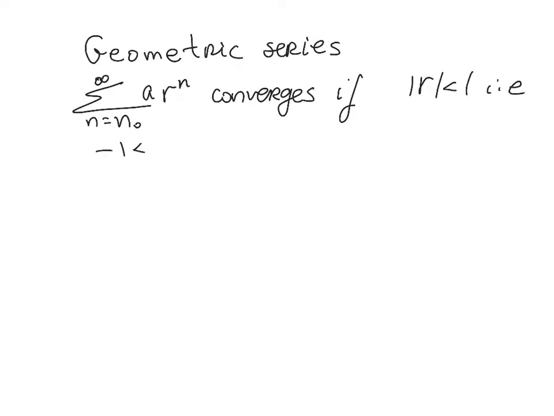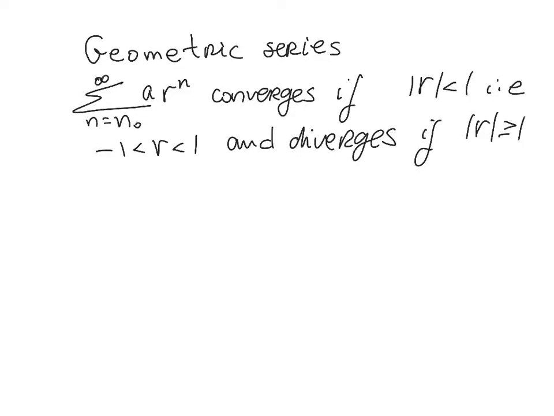That means that r must be greater than -1 and less than 1. And the geometric series will diverge if the absolute value of r is greater than or equal to 1, which means that r itself is less than or equal to -1, or r is greater than or equal to 1.